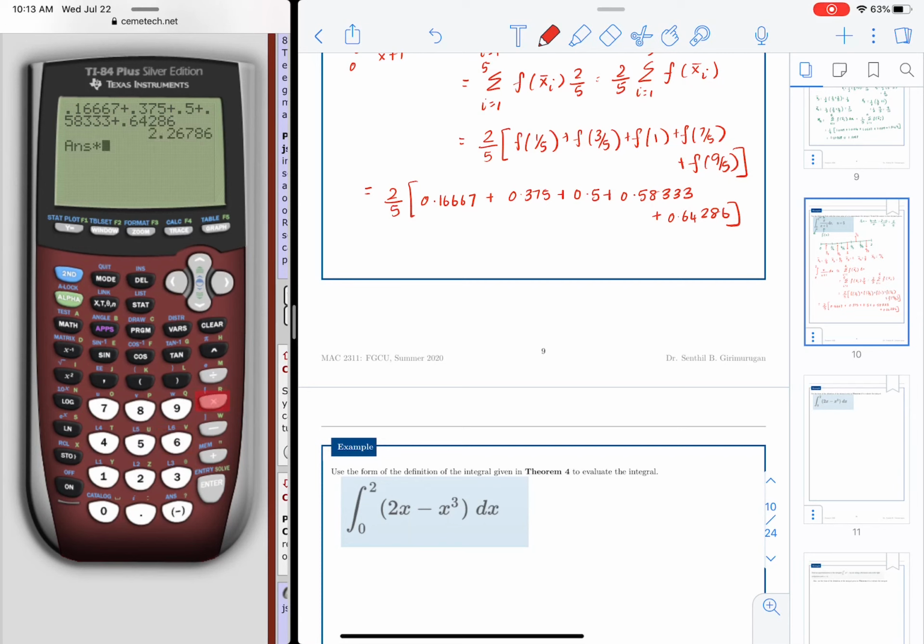Multiply by 2 over 5, we get 0.9071. Therefore, the integral 0 to 2 of x over x plus 1 dx is approximately equal to 0.9071.